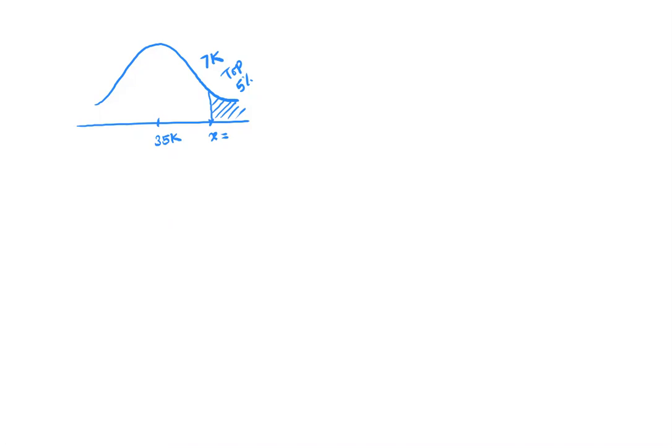We went to our standard normal distribution between 0 and 1, right? We looked at the left side last time. But this time, we're not going to look at the left side. We're going to look at the right side, because we're looking for the top 5%.